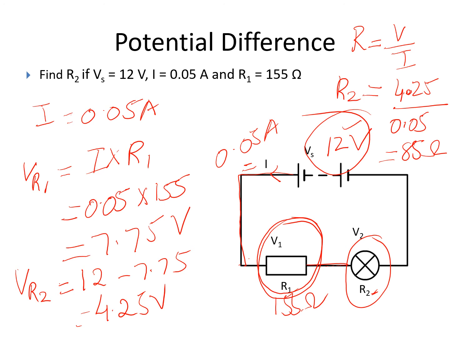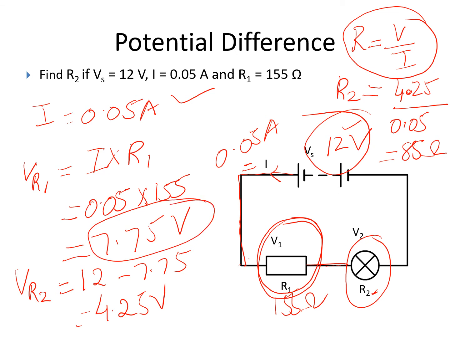Okay. So what you need to figure out. If I go through the question again, to find resistance, I needed to know the voltage and current flowing through the resistor. From the question, I had the current flowing through the resistor, but I didn't have the voltage. So using the current, I figured out the voltage across the other resistor.